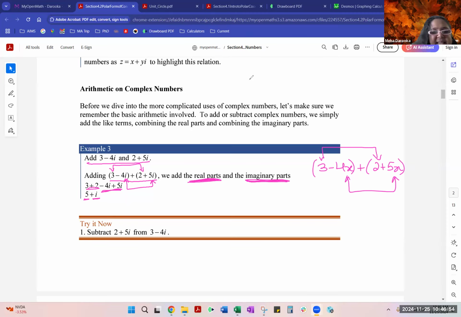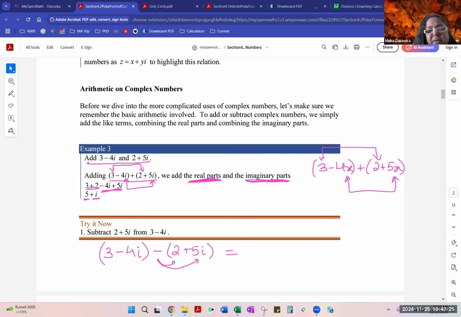So remember, they are saying subtract 2 plus 5i from 3 minus 4i, which means you are actually placing 3 minus 4i first, and then from that, you are subtracting 2 plus 5i. Musab, I see your answer. Very good. As we know, we need to distribute that negative sign into the second complex number.